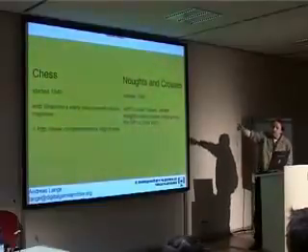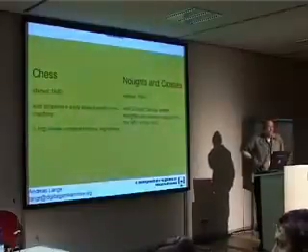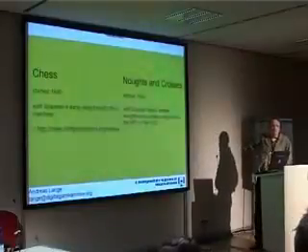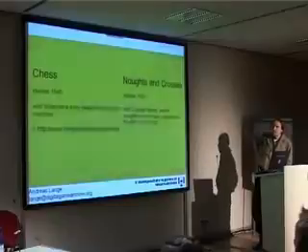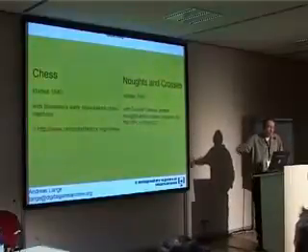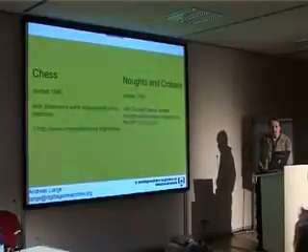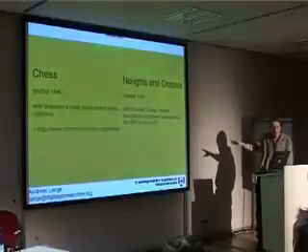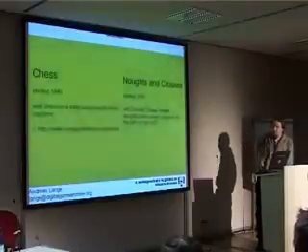But as you can see, the history of computer chess started very early, in 1940, and one of the big names in computer history is Claude Shannon. The other one is Alan Turing in the UK.